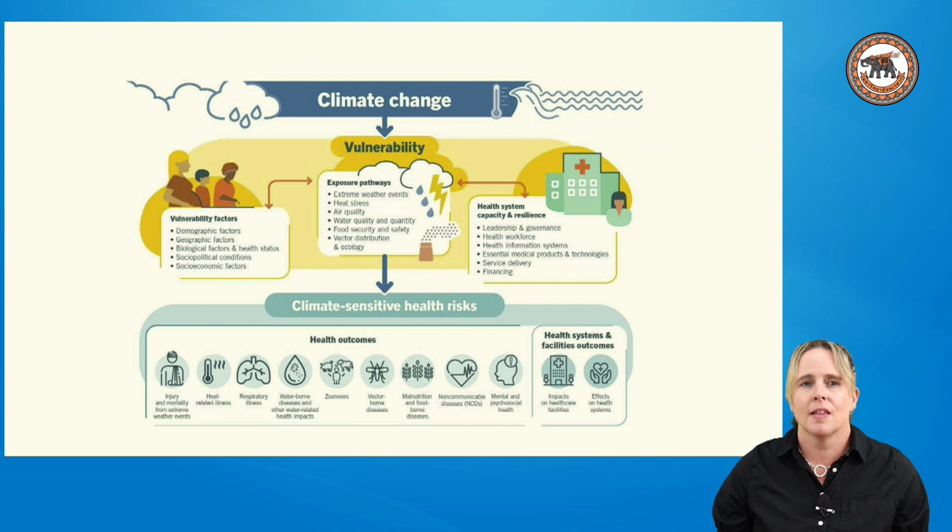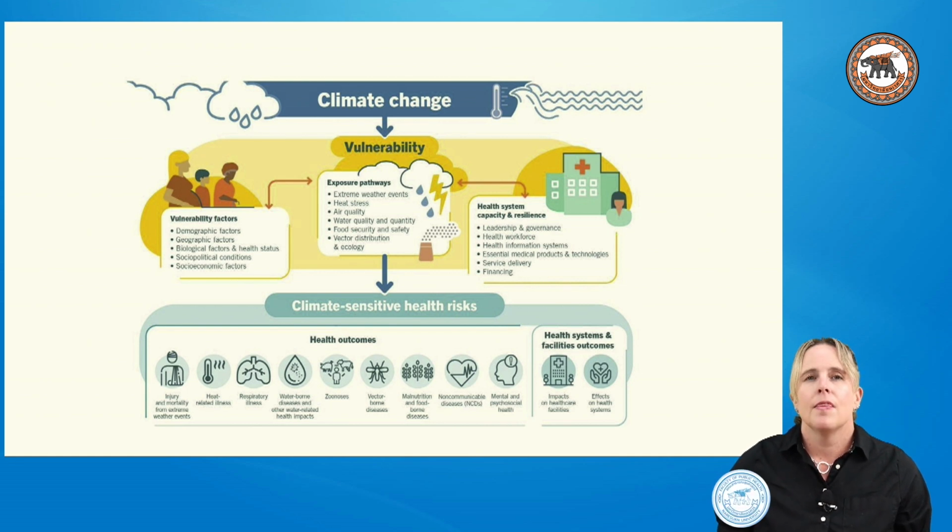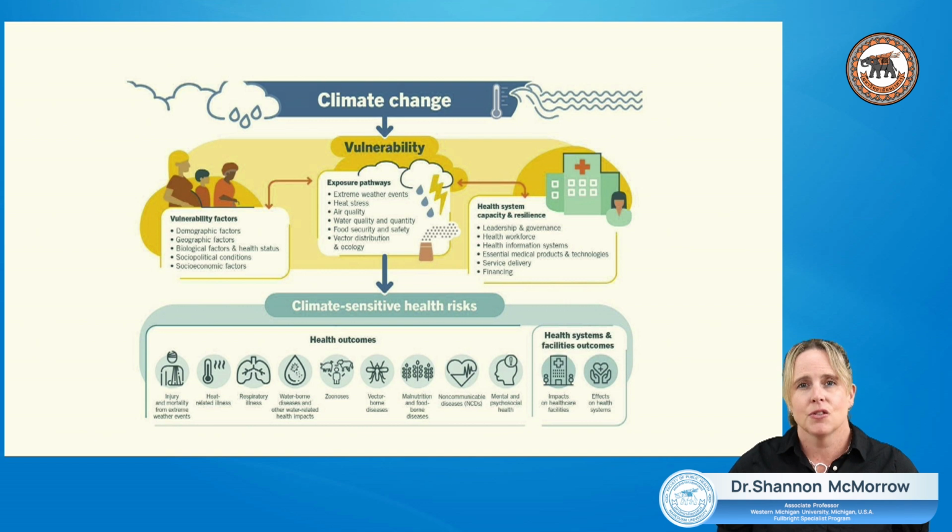So we can see that there can be injuries, there can be heat-related stress, there can be respiratory illness from air pollution, there can be more waterborne diseases and different kinds of bacteria and viruses in the water. There can be more vector-borne diseases. The nutrition is affected, so climate change can be impacting the soil and having less nutrients in the soil.